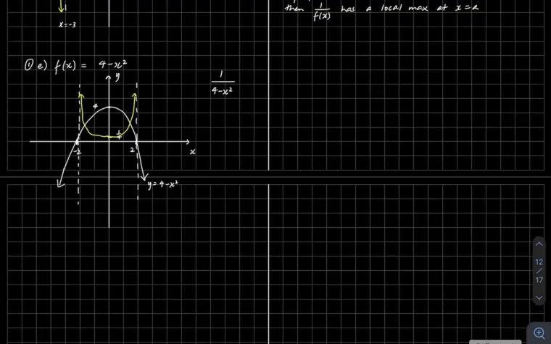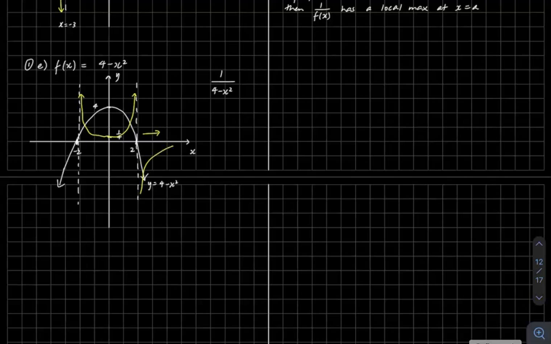Outside those two asymptotes, the original function is negative, and as we go this way here, it is decreasing. In other words, it's going down, it's getting less and less, isn't it? So the reciprocal function must be increasing. It must be going up towards 0 here.